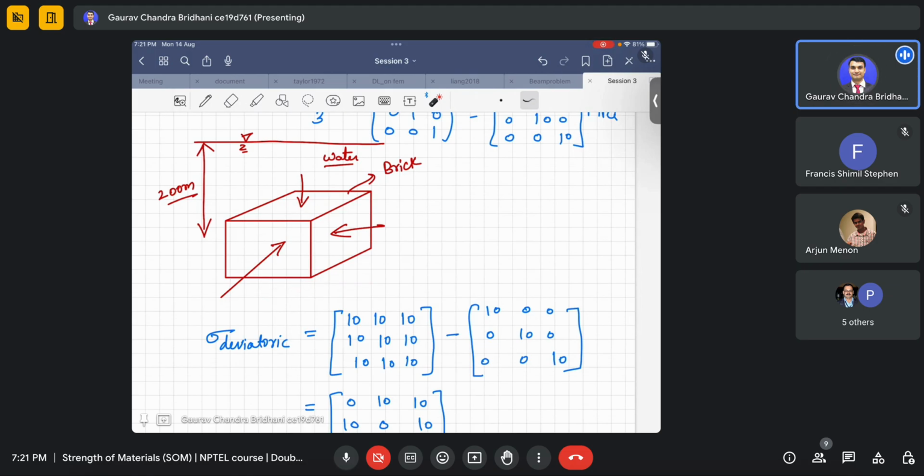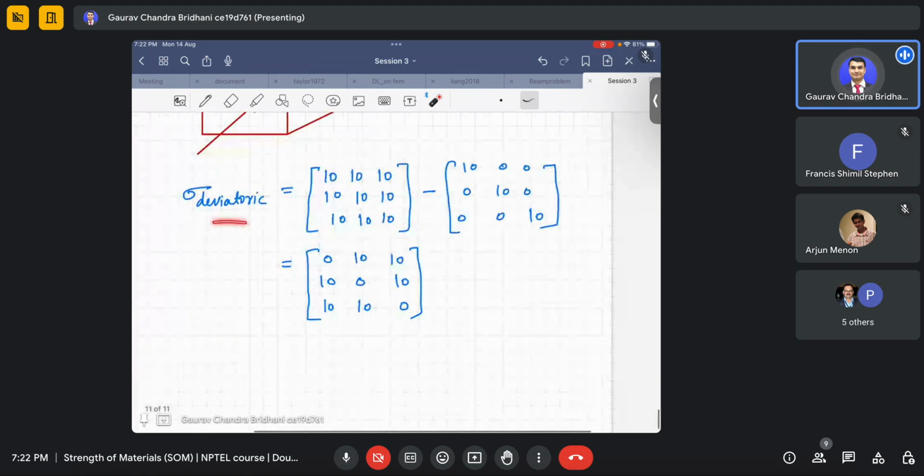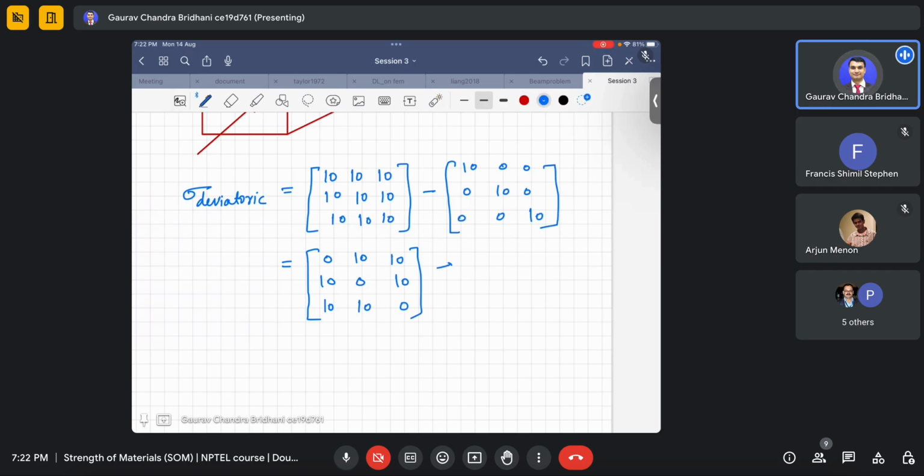In the case of water, the brick will be compressed, so it will try to shrink, reduce in size. But in deviatoric, it will try to change the shape, because it is actually a pure shear, and you know in shear the shape changes. So that will happen in deviatoric.